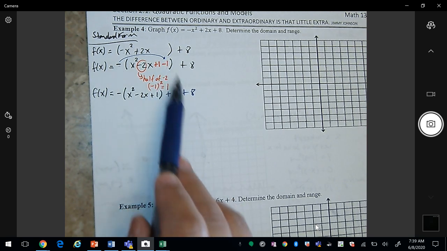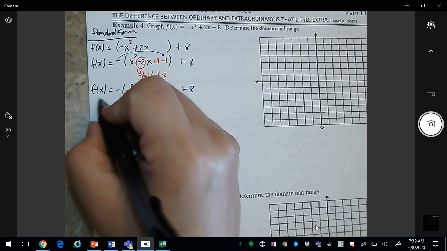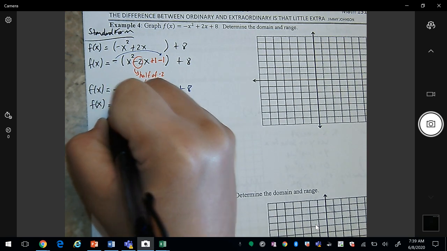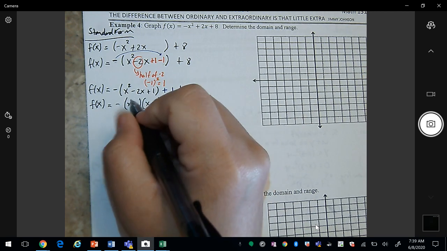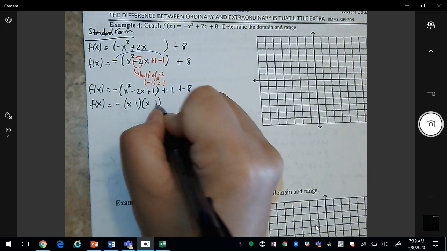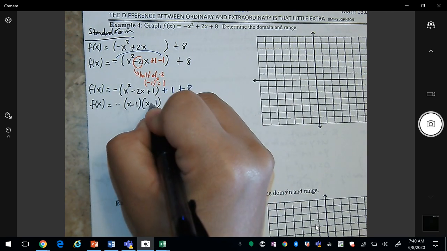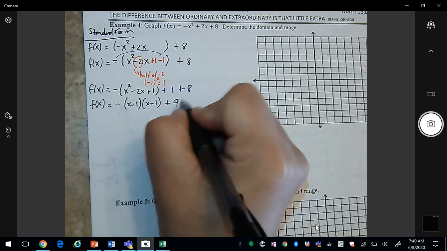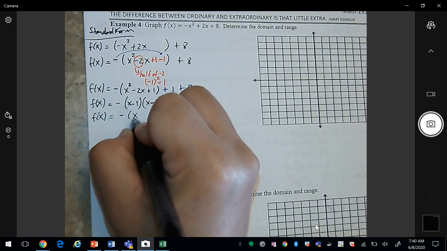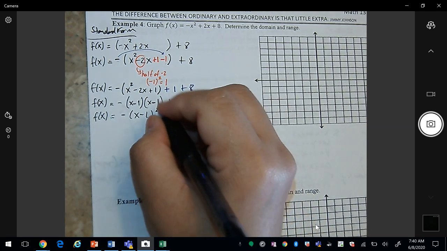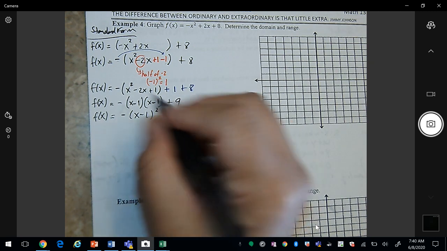So the negative 1 that we want to remove becomes positive because negative times negative would be positive 1. So now we can factor. In here we have a 1 and a 1. Since it was negative 1, that's what we're using for our values. 1 plus 8 is 9. I can write this as x minus 1 squared plus 9.